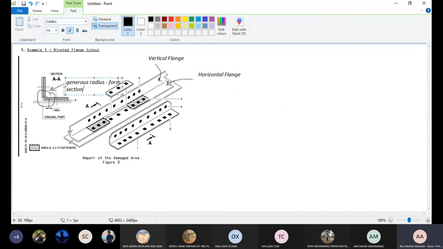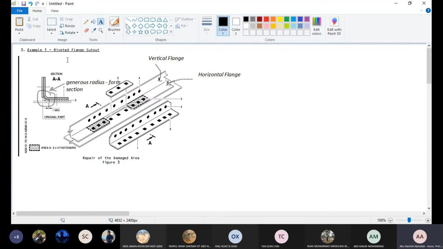If we have a sharp radius, the section was made, so this L angle was made from extrusion. So we see here the radius is generous, it's a large radius, and this is from forming. This L angle initiated as a flat plate, then they formed it to make an L shape.